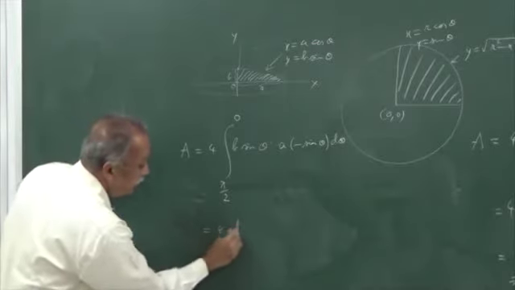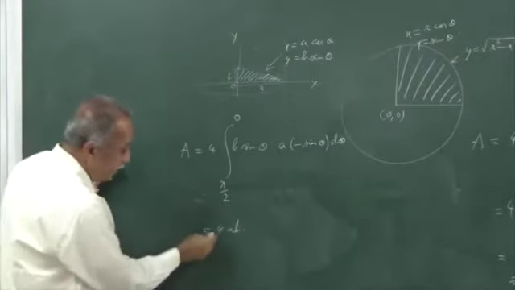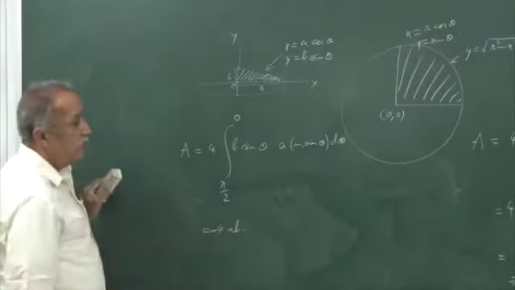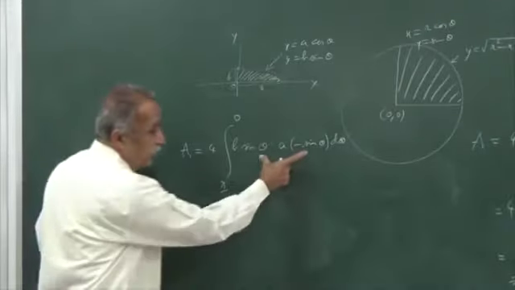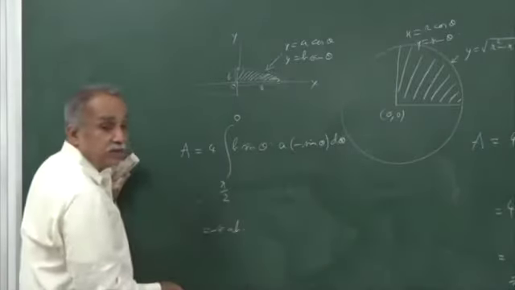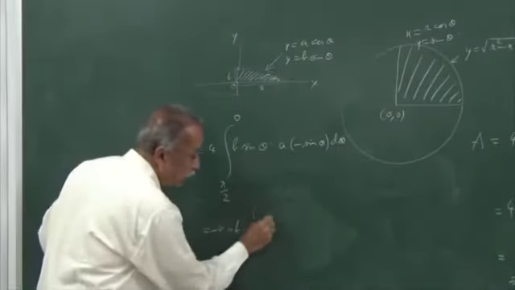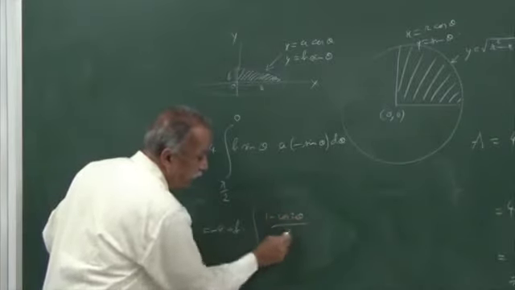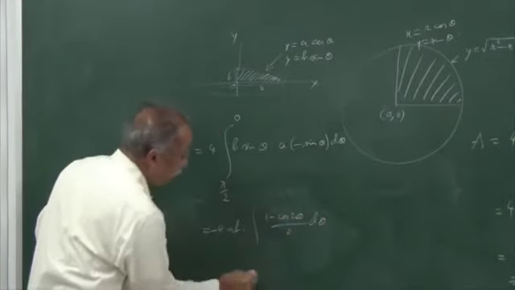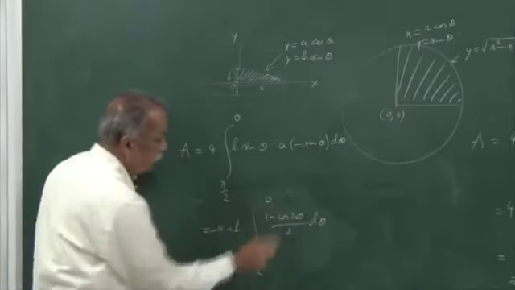Minus of 4ab, integration of sin square theta. Sin square theta is nothing but 1 minus cos 2 theta divided by 2. The limits are pi by 2 and 0.